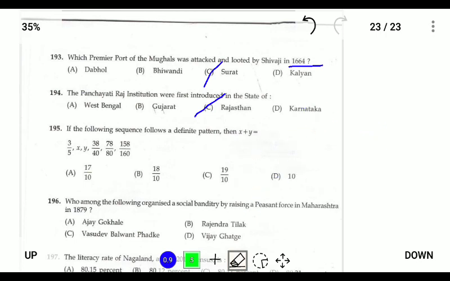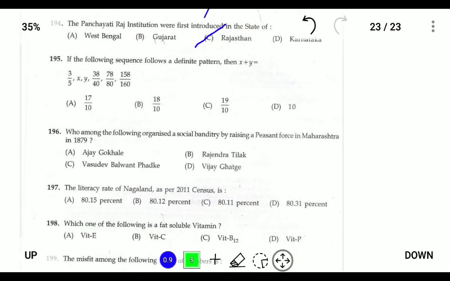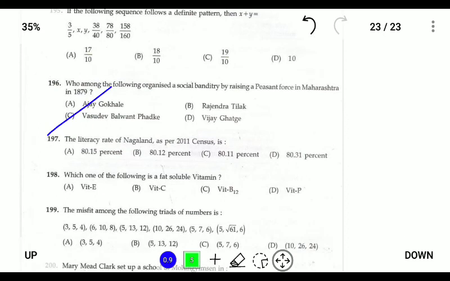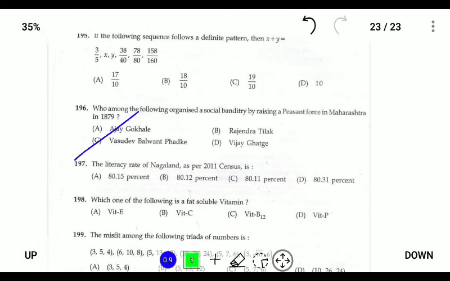Next, who among the following organized a social banditry by raising a peasant force in Maharashtra in 1879? So this was led by Vasudev Balwant Phadke, which was after the revolt of 1857. The literacy rate is actually 79.55.